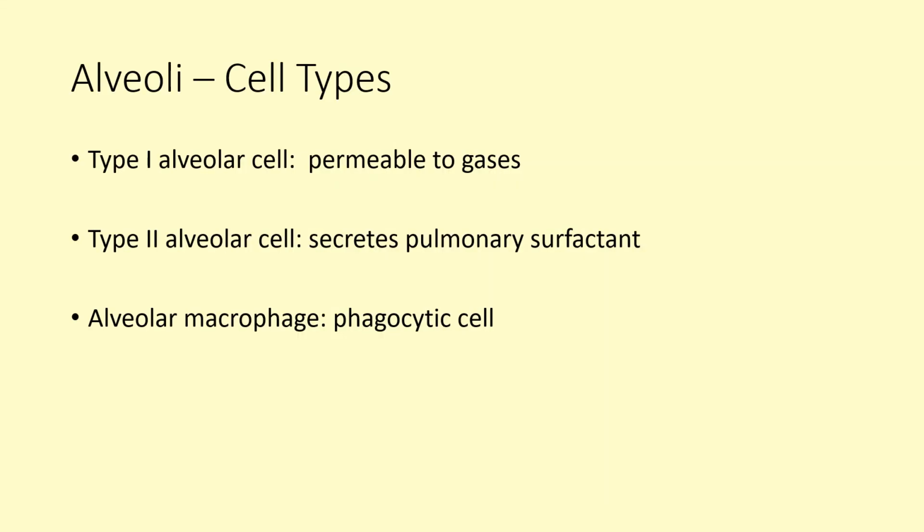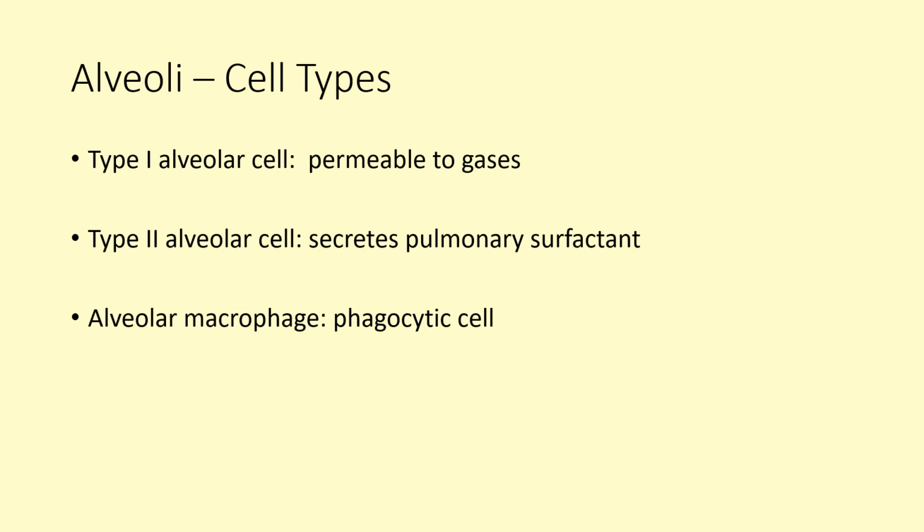In the alveoli, there's different types of cells. There's the type 1, type 2. The type 1 cells are very permeable for the gas exchange to occur. The type 2 secretes a surfactant. It keeps those sacs from collapsing, keeps them open. And then the alveolar macrophages, these are cells that are capable of carrying out phagocytosis.